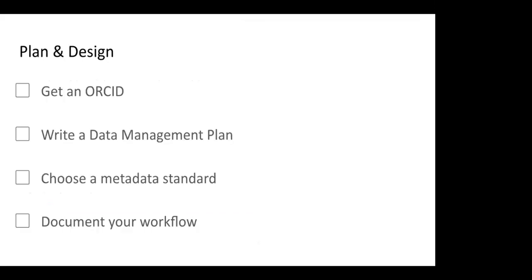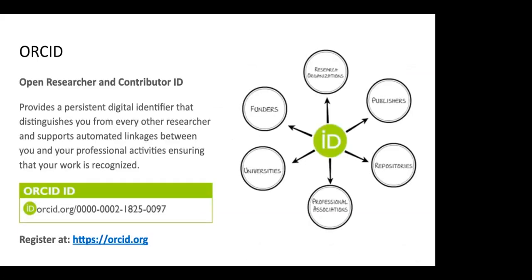So the first step in our life cycle is to plan and design our RDM approach. And a useful tool that I want to point out is ORCID. And increasingly, research funders, employers, and publishers are asking us to sign up for an ORCID ID.